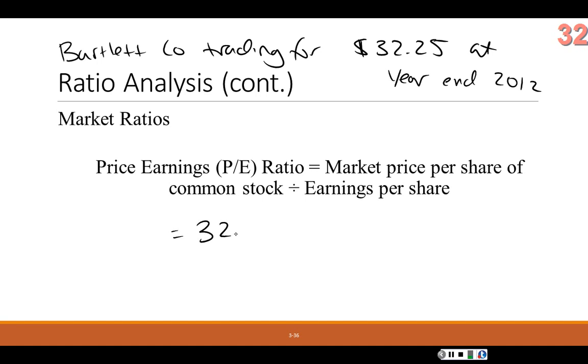Market price, $32.25 divided by earnings per share, found on the income statement at the bottom. We also just calculated that at $2.90. That's 11.1. A high price-earnings ratio means that investors expect an increase in earnings growth. It tells you how much investors are willing to pay for every dollar of earnings. You can use the price-earnings ratio to calculate the intrinsic value of your stock using the price-earnings multiple.